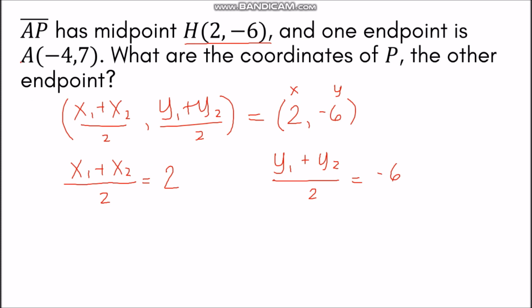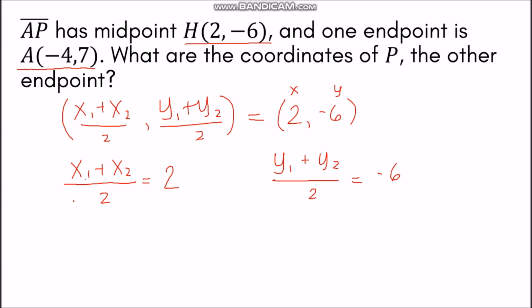Now, since we have here one of the endpoints, which is A, we can say that this is the first point and assign negative 4 as x sub 1 and 7 as our y sub 1. So we will substitute x sub 1 and y sub 1 into these two formulas.